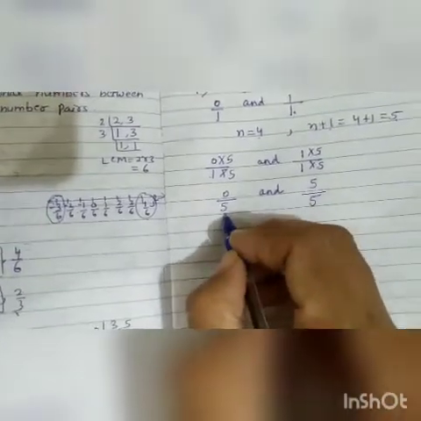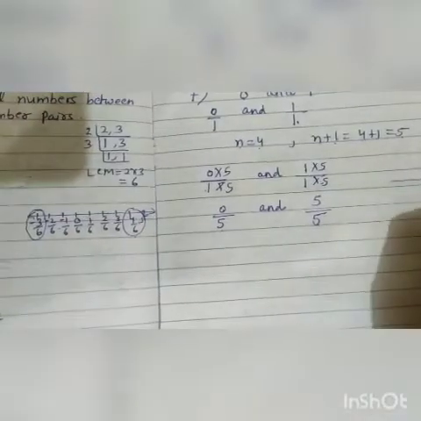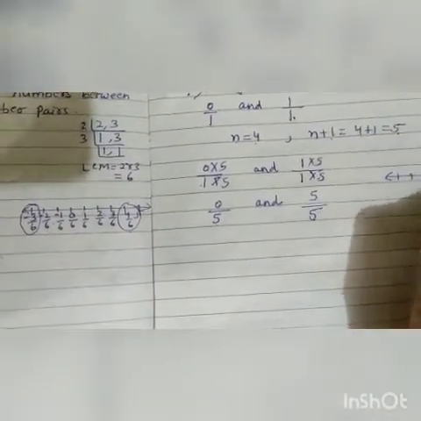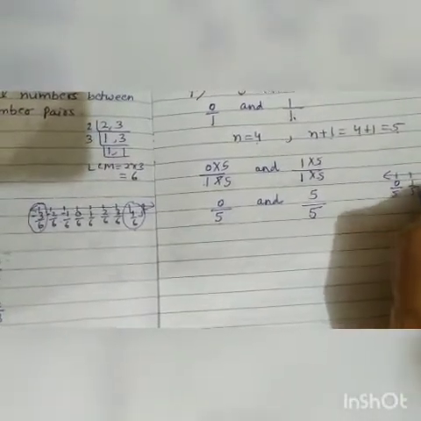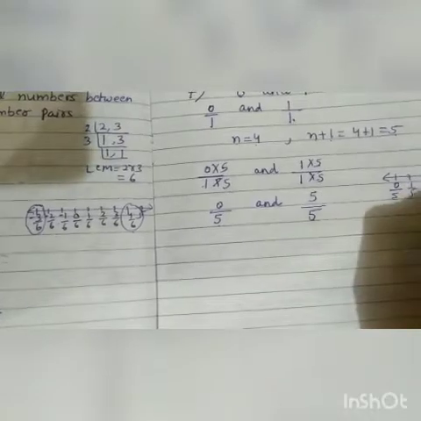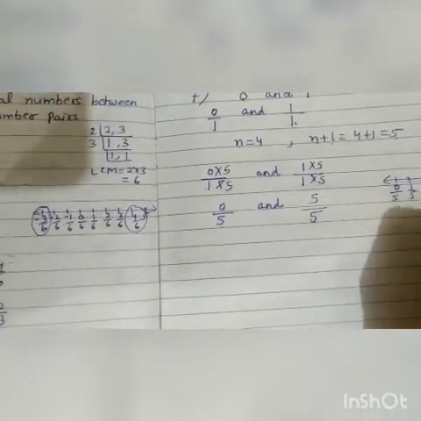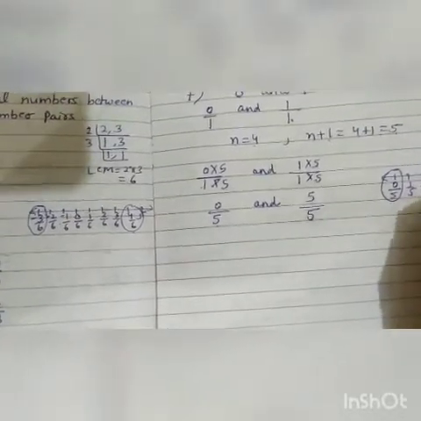Now it is 0 upon 5 and 5 upon 5. Again, if we take it on a number line, it is 0 upon 5, 1 upon 5, 2 upon 5, 3 upon 5, 4 upon 5, 5 upon 5. This is 0 upon 5 and this is 5 upon 5.